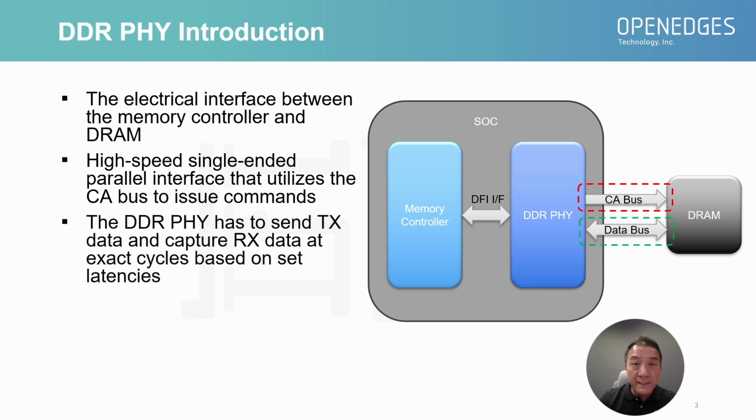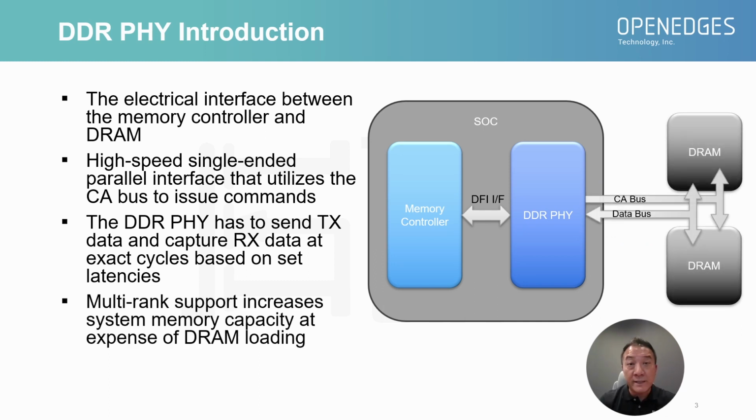And with the commands and addresses issued through the CA bus, the DDR5 has to send TX data or capture RX data at exact cycles based on the set latency. So this is what makes a DDR interface unique: the cycle-accurate interaction of the memory controller and PHY with the DRAM devices operating at high frequency.